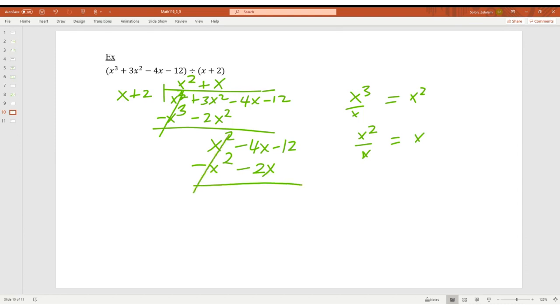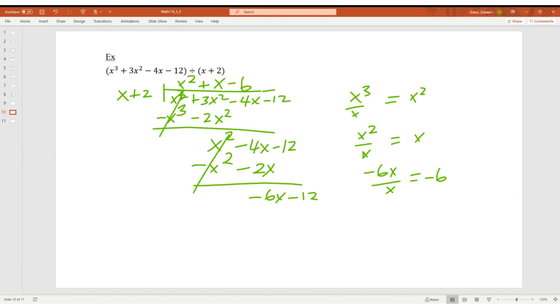Negative 4x minus 2x is negative 6x, and bring down the negative 12. So I have negative 6x divided by, again, x, which is negative 6. So x cancels x. So you have negative 6. So this becomes minus 6.